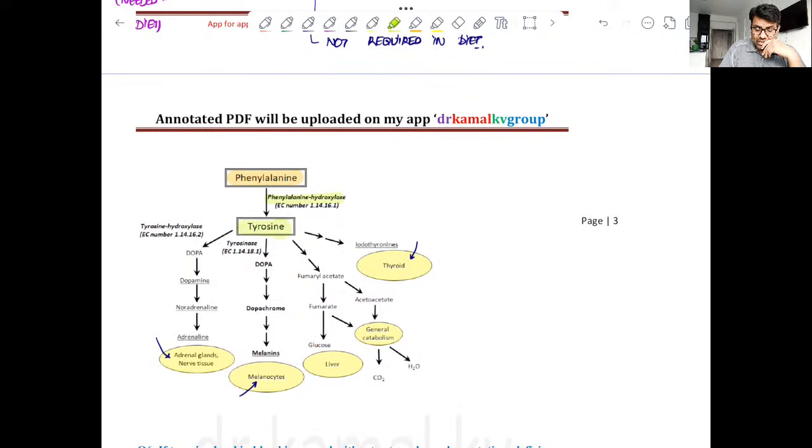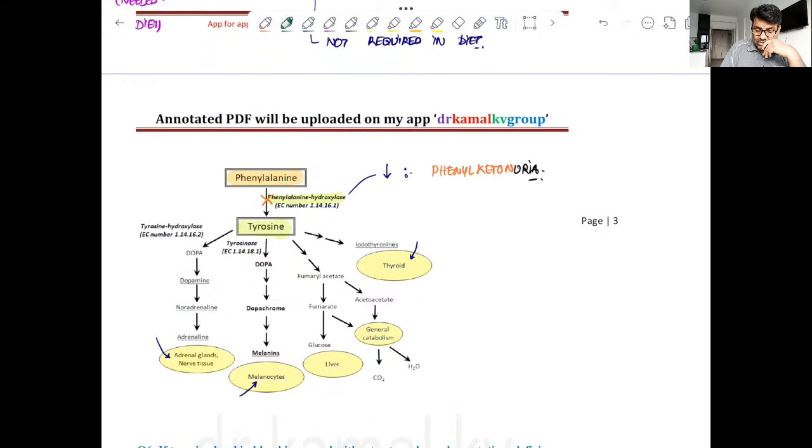phenylalanine hydroxylase. Now there is one condition where there is deficiency of phenylalanine hydroxylase, and that condition is known as phenylketonuria. So in such cases, since this enzyme is not working, there is no conversion of phenylalanine to tyrosine.